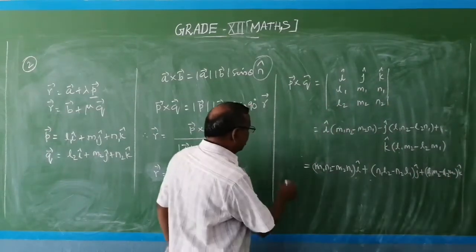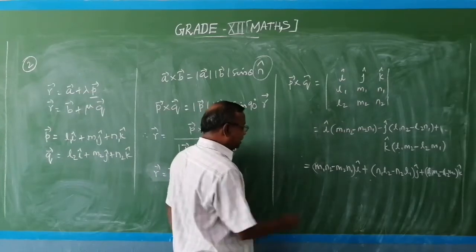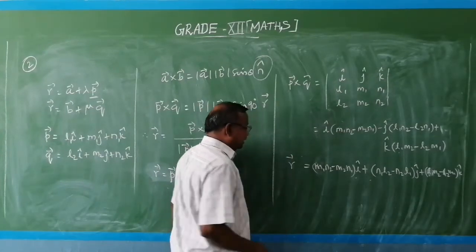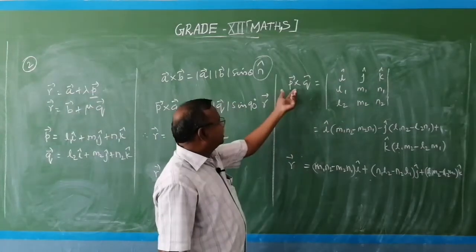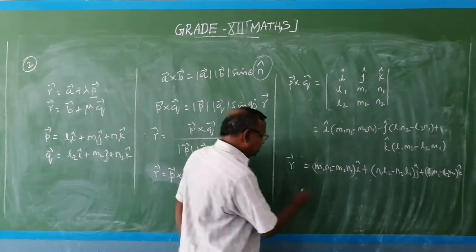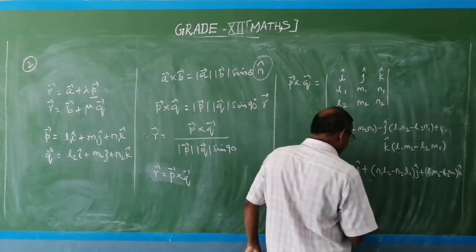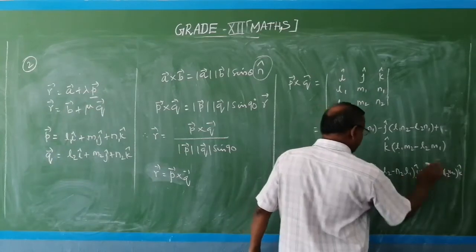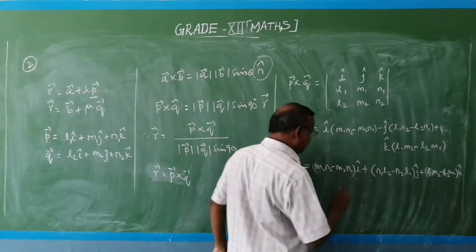Since P vector cross Q vector equals R vector, that is the vector perpendicular to P vector and Q vector, it is in the form of i, j, k, that is in terms of scalar components.